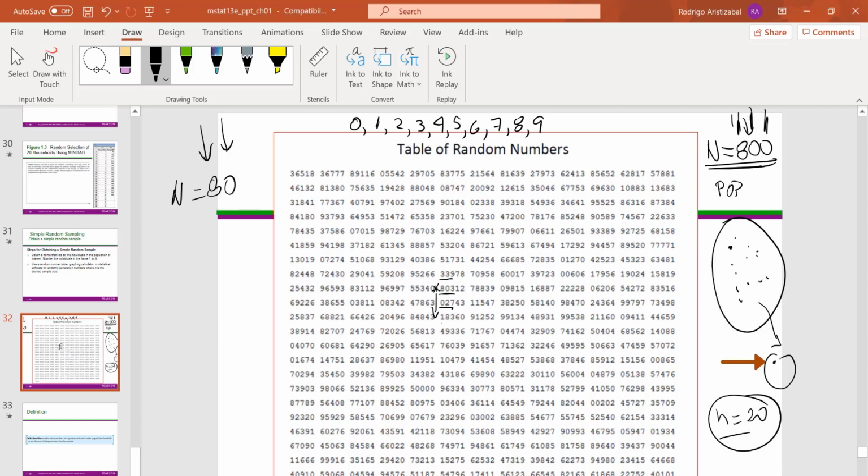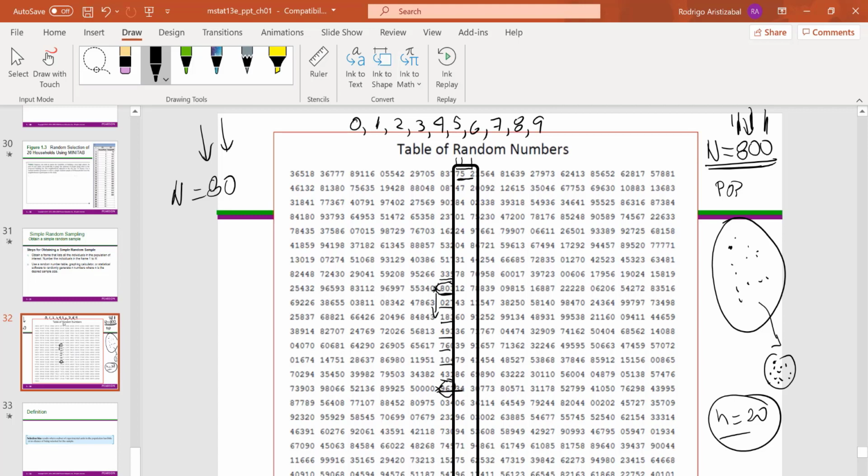The next will be the item 183, the next 493, and so on until we obtain 20 items. In this list, this item and this item will be skipped, and we are going to continue with the next 3 columns.